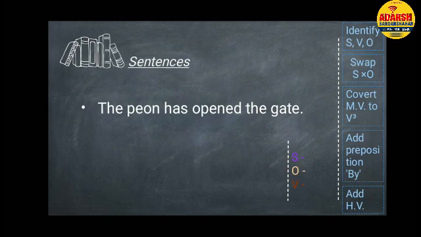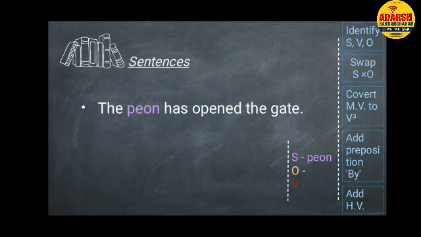Let's start with the subject. Our subject is our doer. In this sentence our doer is the peon, so the peon is our subject. As I told you earlier in my previous video, the subject is the doer. Here the peon is performing the activity of opening the gate.